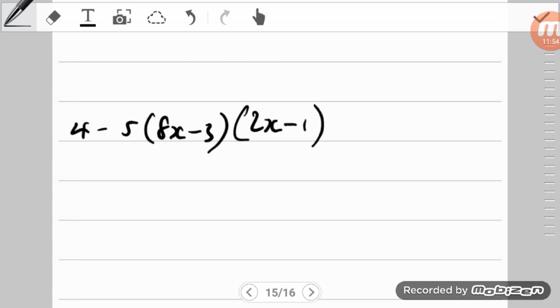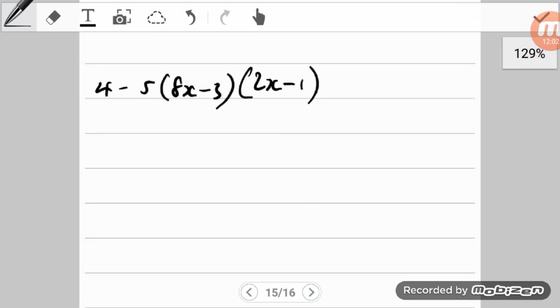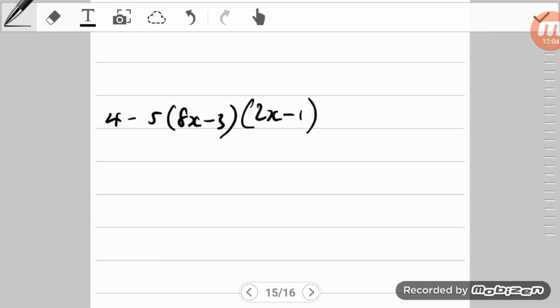Now, there's a couple of ways that this can be done. I'm going to do it the way that I actually showed my students how to do it on the exam. I strongly recommend that in the event you end up with a problem like this, you expand the brackets first. You do not want to distribute and then expand the bracket. It makes the problem a tad more difficult.